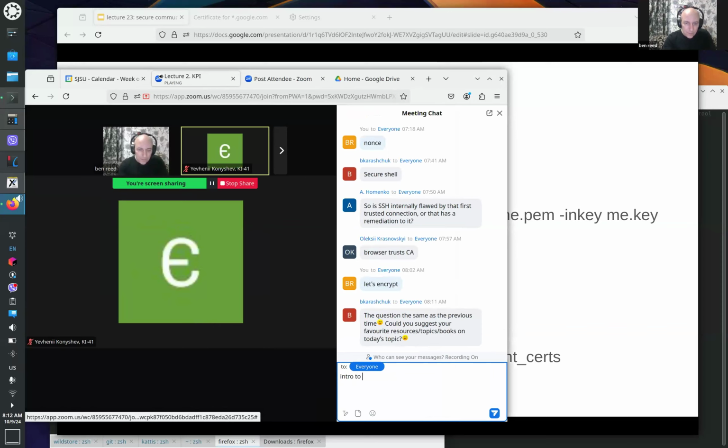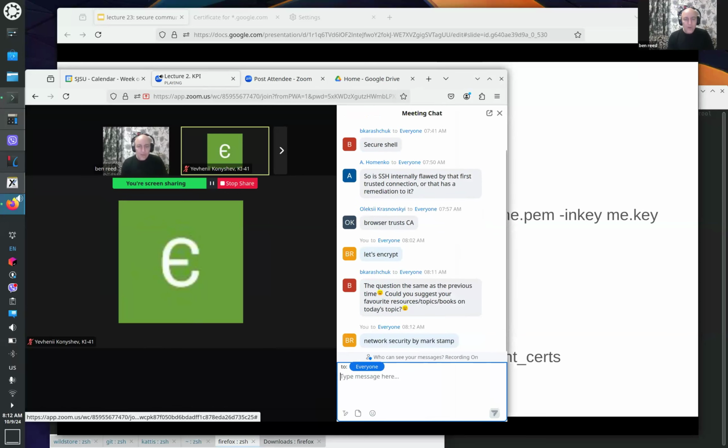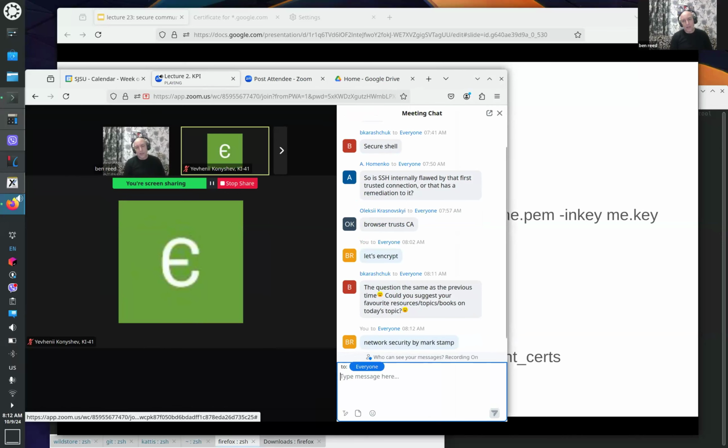I think it's called Network Security. So I really like this book. It has a good chapter on public key encryption. It's very strong too on the math behind it, which we didn't have time to cover at all. So that's a good one.